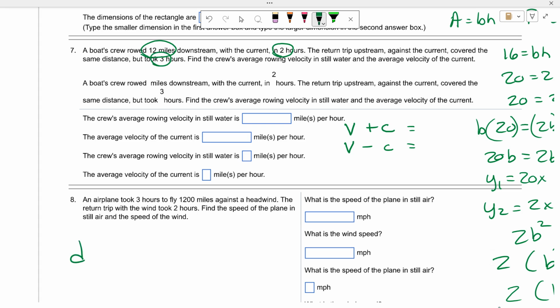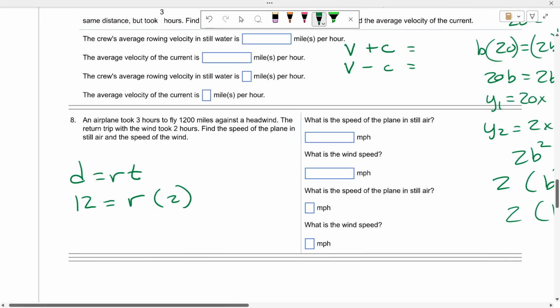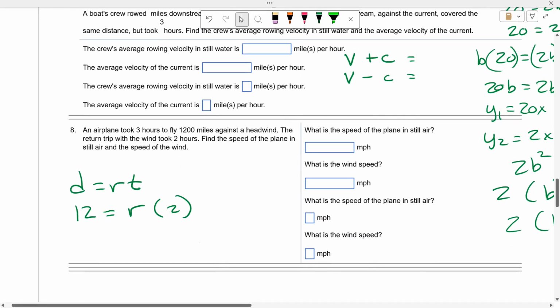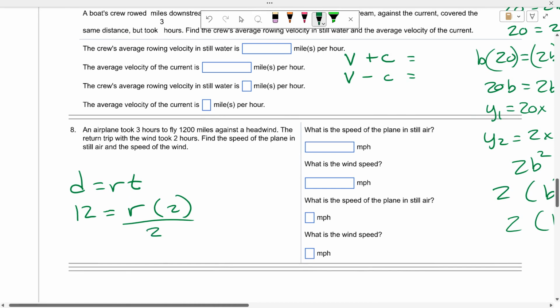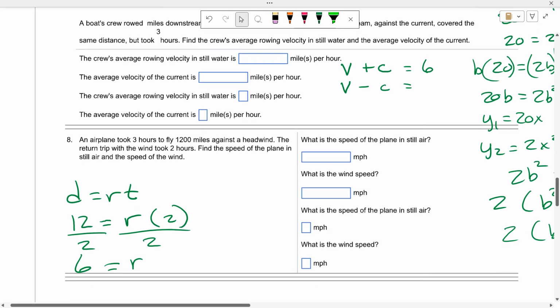Distance equals rate times time. So the distance of 12 miles equals whatever your rate is times 2. And your rate is right here. So to make life easier, just divide both sides by 2 and your rate equals 6. So going downstream, it's 6. Upstream, you're still going the 12 miles, but it's R times 3.